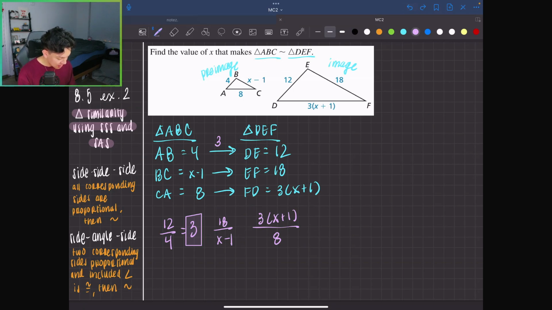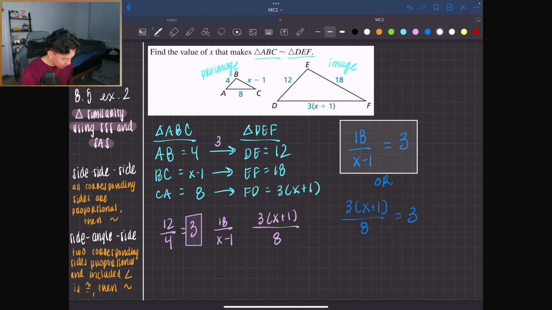We can say that 18 over x minus 1 has to equal the scale factor of 3, or 3 times x plus 1 over 8 also has to equal 3. That way they all have the same proportion, right? Let's go ahead and solve this first one up top here.